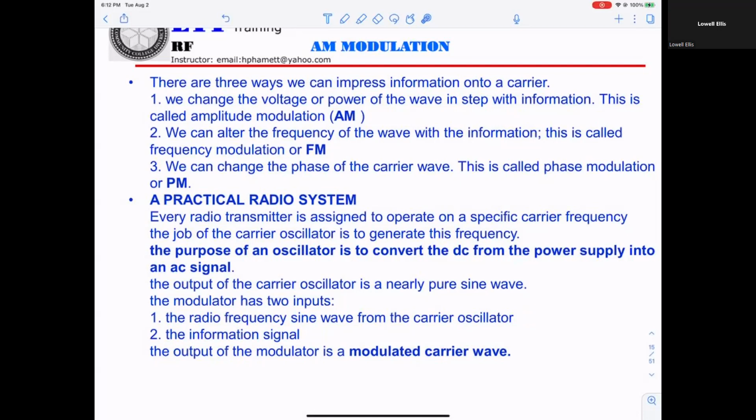Voice. Who can tell me? What is the information signal? He said voice. It's your voice.